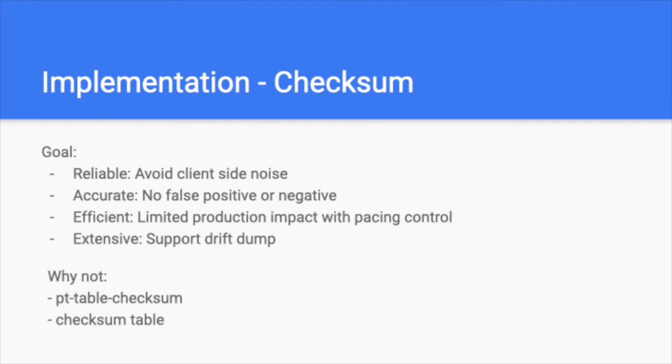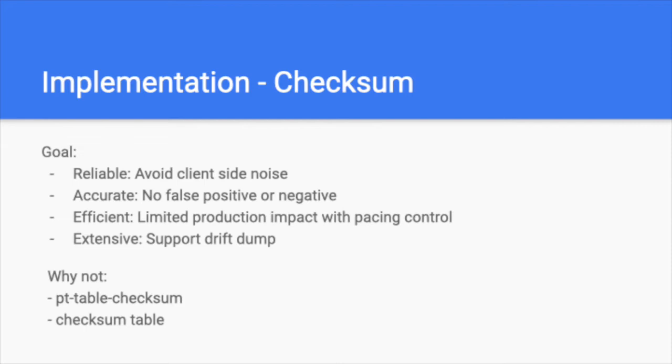So obviously, we don't want to have all the comparison done on the client side, which is why we came up with this approach where we use checksum to represent the state of the data, so that we can simply compare the checksums and have all the heavy lifting done on the server side, and simplify the comparison logic on the client side. Other than that, we also want the checksum mechanism to provide a couple more features.